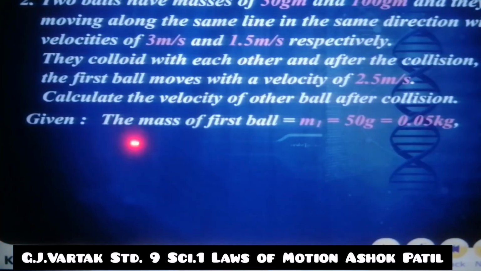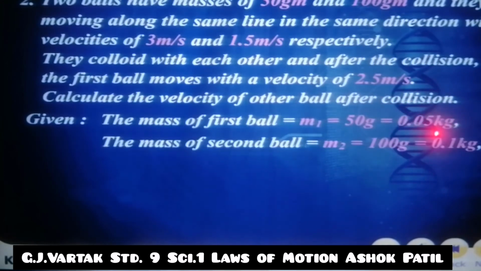Given the mass of the first ball is m1 equal to 50 gram equal to 0.05 kilograms. The conversion is 50 grams upon 1000, then the calculation becomes 0.05 kilograms.